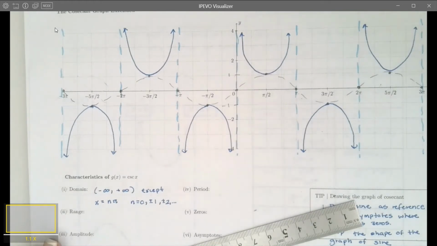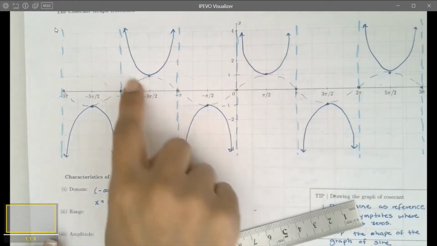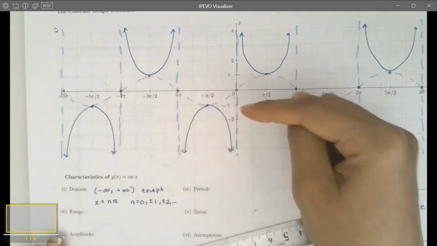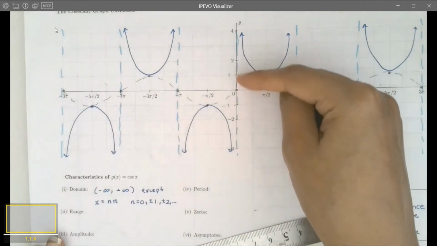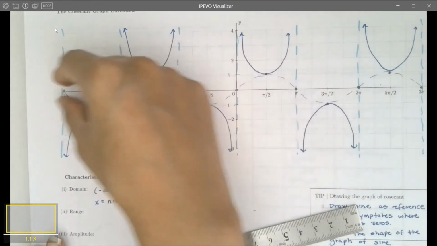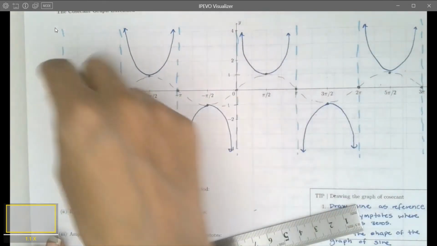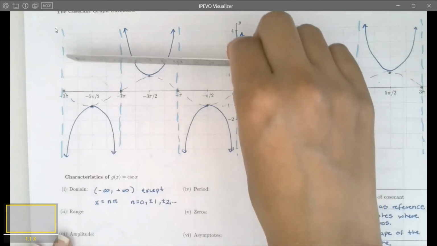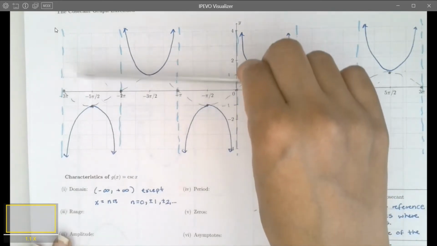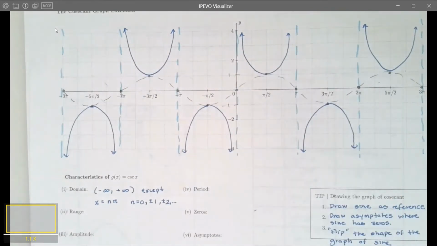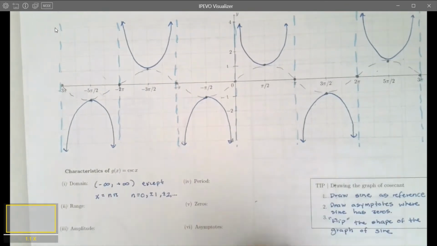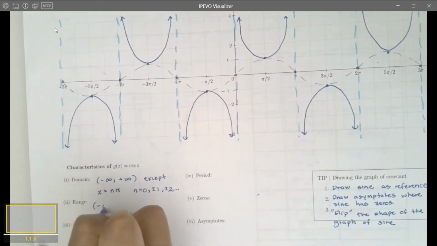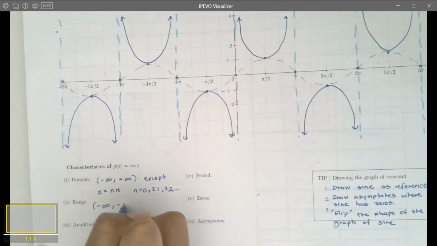The only y values that are never touched by the graph are y values between 1 and negative 1. Right here we see a little strip where there is nothing that touches the cosecant graph. So for the range, we're going to say we can have anything from negative infinity up to negative 1, right?